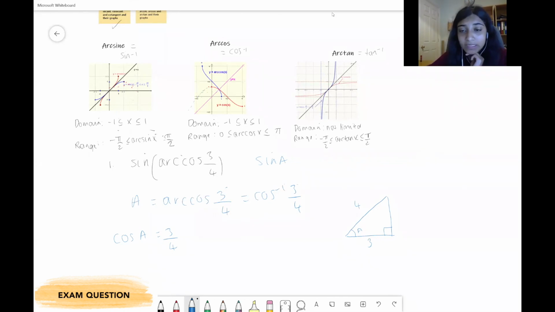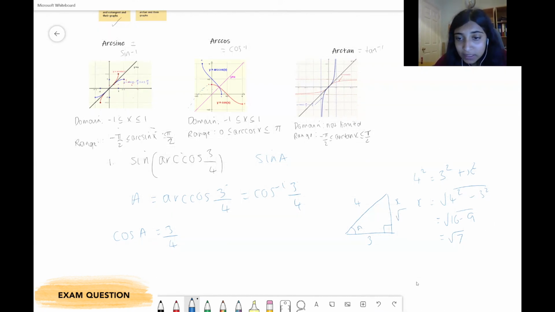We can figure out the remaining side using Pythagoras' theorem. 4 squared is equal to 3 squared plus x squared, where x is the missing side. So x is the square root of 4 squared minus 3 squared, which is the square root of 16 minus 9, which is the square root of 7. So this side is root 7.